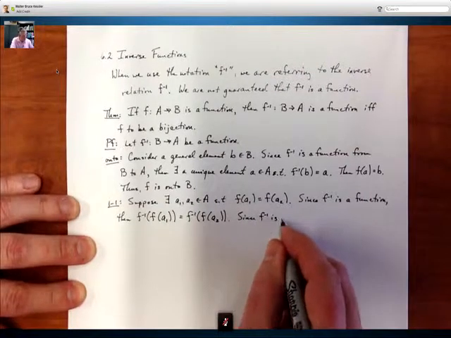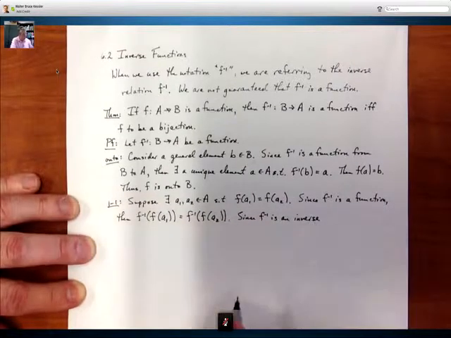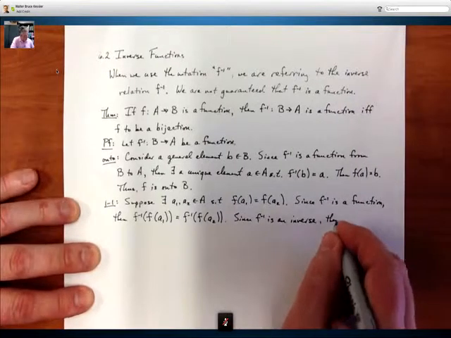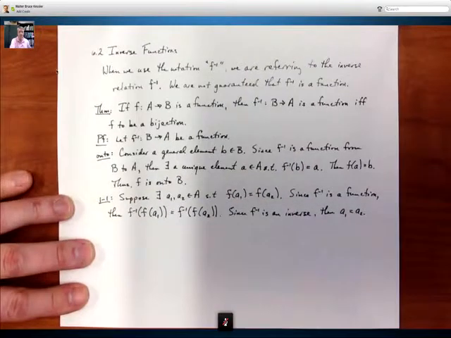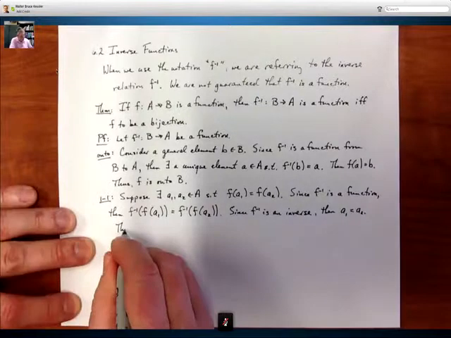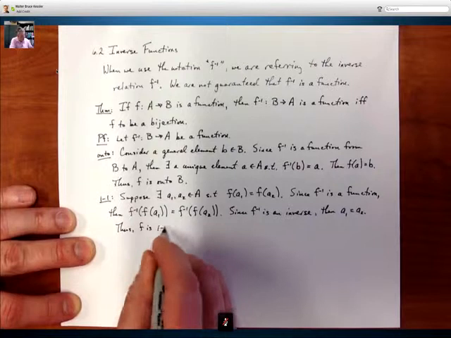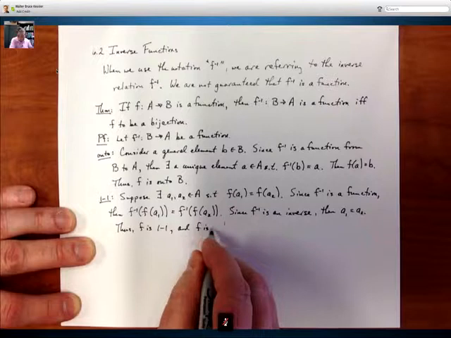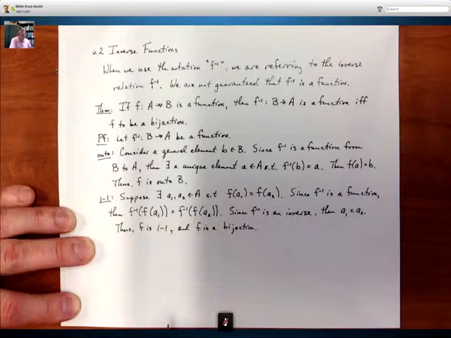So since F inverse is an inverse, then A1 equals A2. Okay? Thus, F is one-to-one, and F is a bijection, since you've got both.